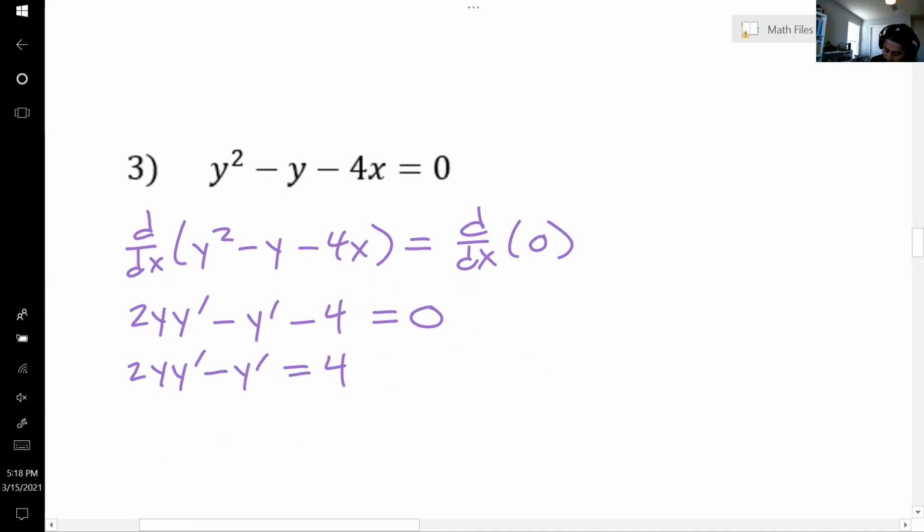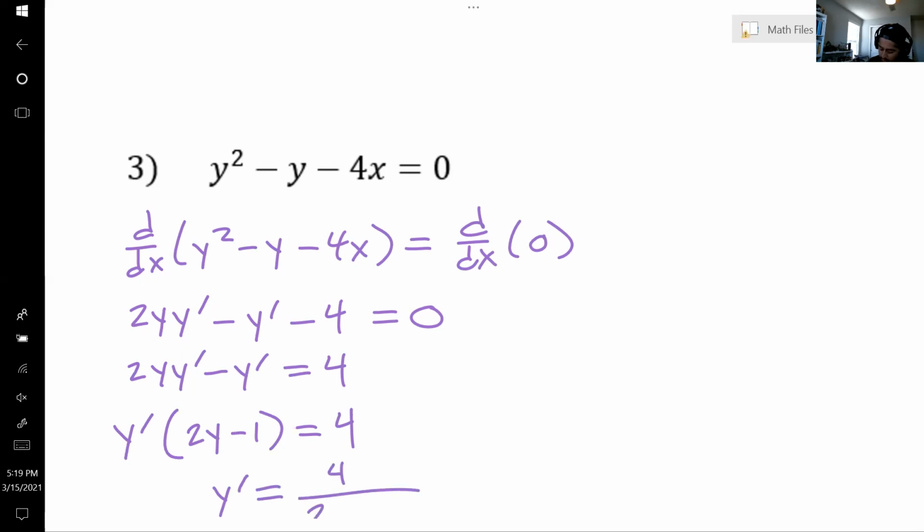Y prime. Factor out a y prime, and you'll get y prime times 2y minus 1 equal to 4. And then all you have to do to solve for y prime is divide by 2y minus 1. So this means that y prime would be equal to 4 over 2y minus 1.